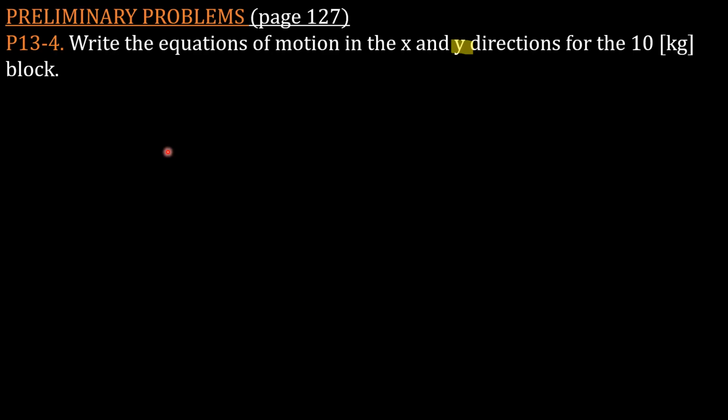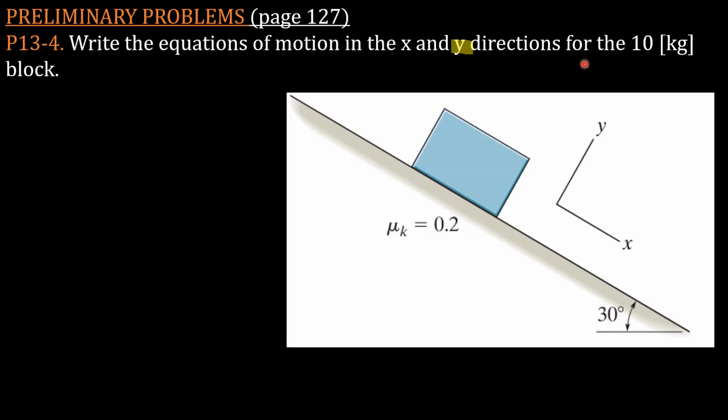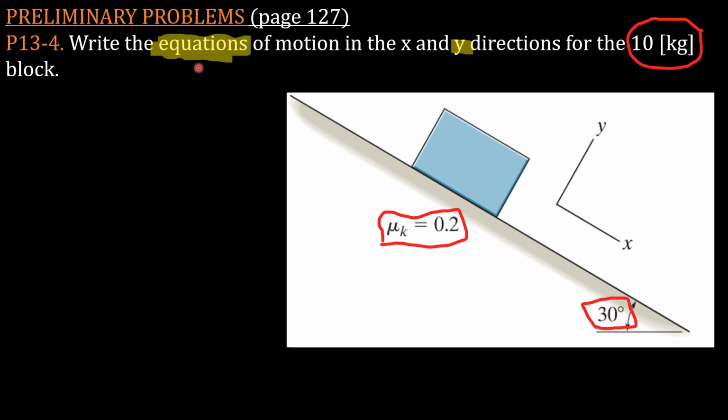Fourth problem. Here we're told to write the equations of motion in the x and y direction for the 10 kilogram block. We're given a kinetic coefficient of friction of 0.2, and we have an incline of 30 degrees. We're asked to find equations in the x and y direction.